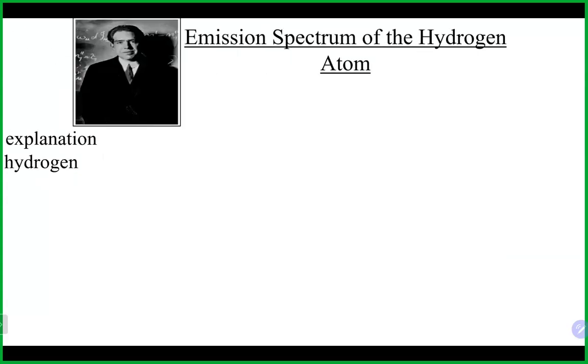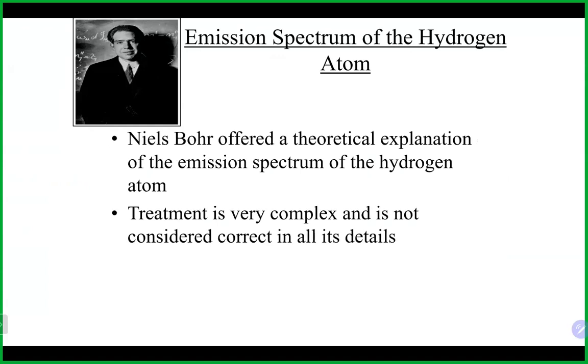Now, one explanation of those lines that we see in hydrogen was done by Bohr, in Bohr's model of the atom. Bohr's model dealt to explain the 4 lines that we see in hydrogen. It works really well for hydrogen, but it is a theory. And if you remember at the beginning, theories are things that can be revised over time.